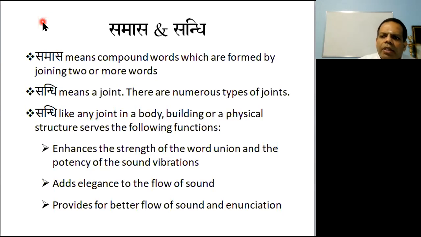In every language, actually, samasas exist. Even in English, it exists, but they may not have explained it properly. For example, there's a word called shepherd. Actually, it is made of two individual words, one is sheep, the other one is herd. Shepherd is one who herds the sheep.